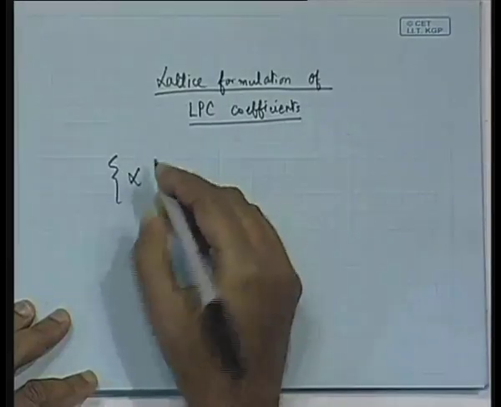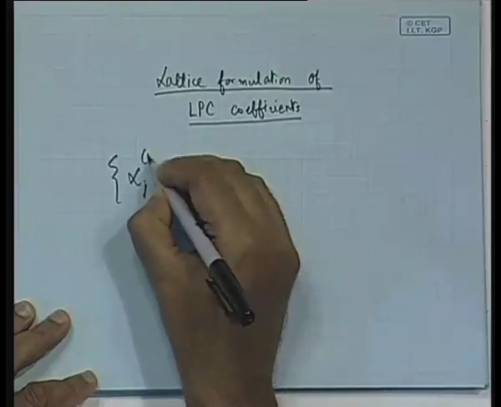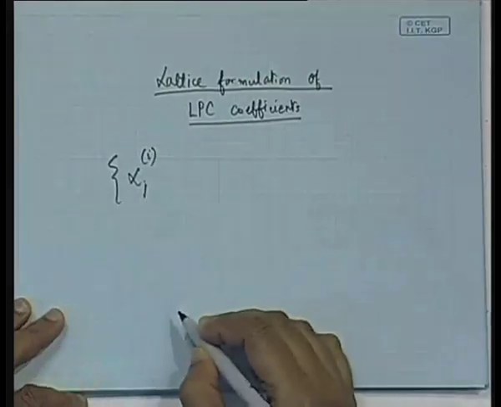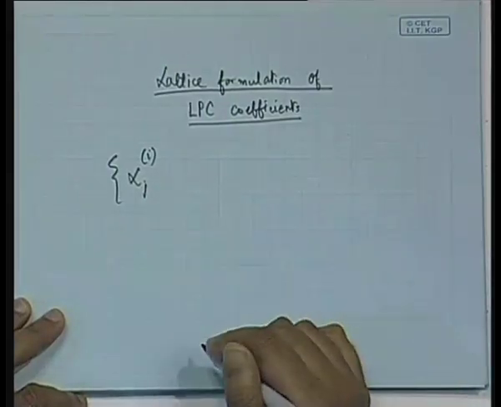So, before we begin the lattice formulation, let us go back to what we did in Durbin's algorithm for the autocorrelation. Remember that in Durbin's algorithm the set of coefficients which we were calling alpha j, we were writing as alpha j with the superscript i, the superscript indicating the iteration number.